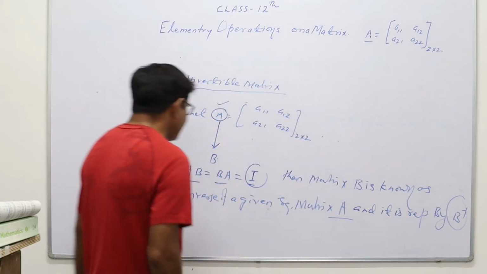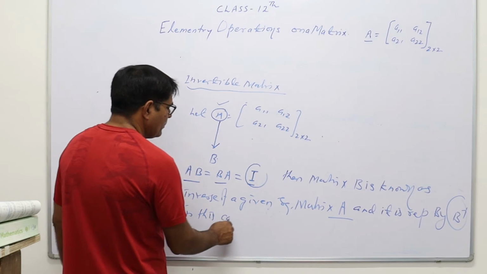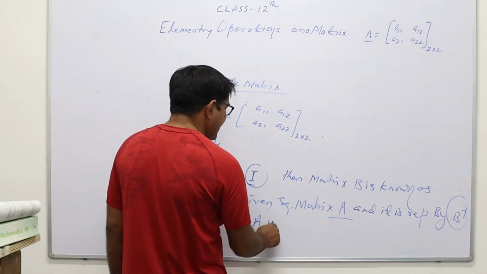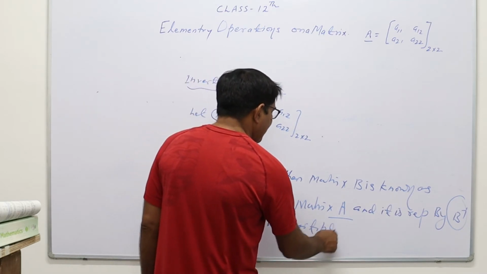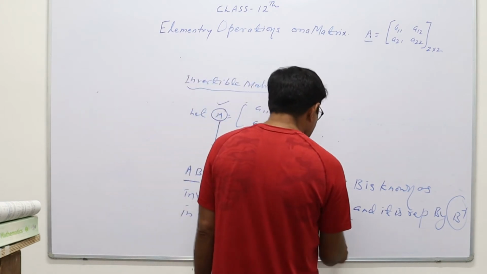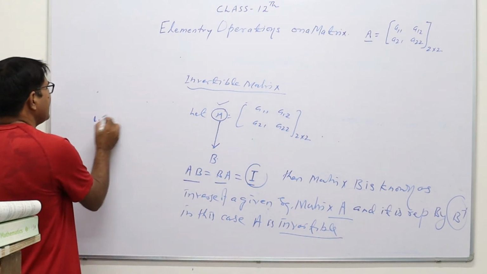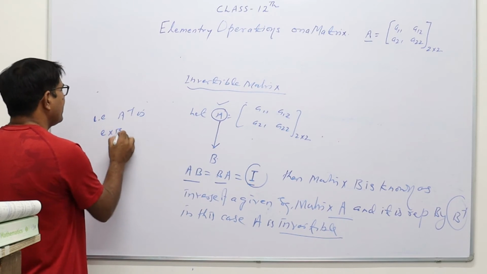In this case, A is invertible. Invertible means that A inverse exists.